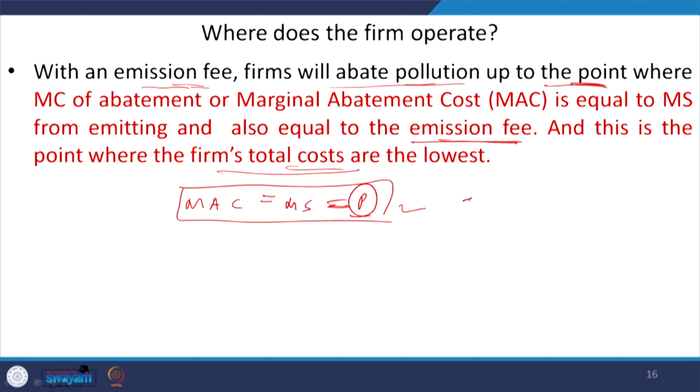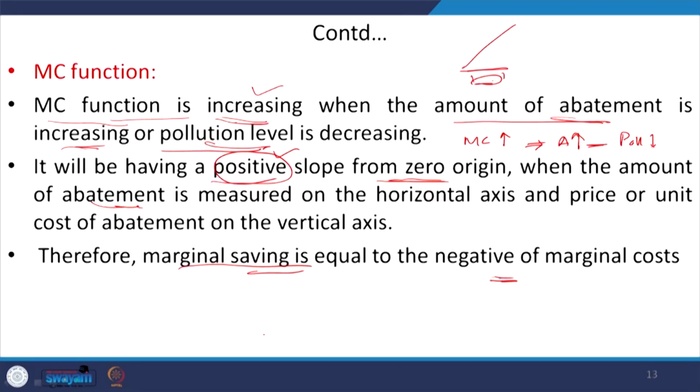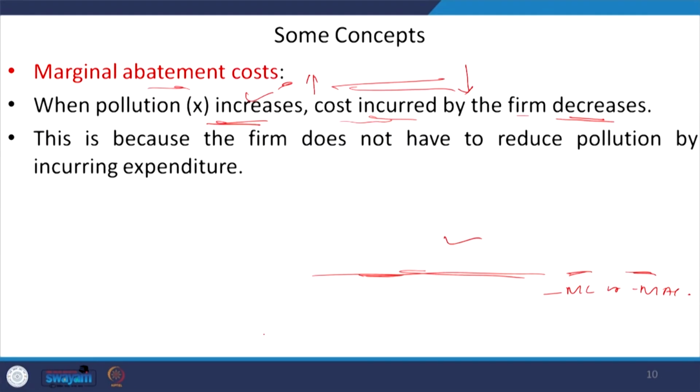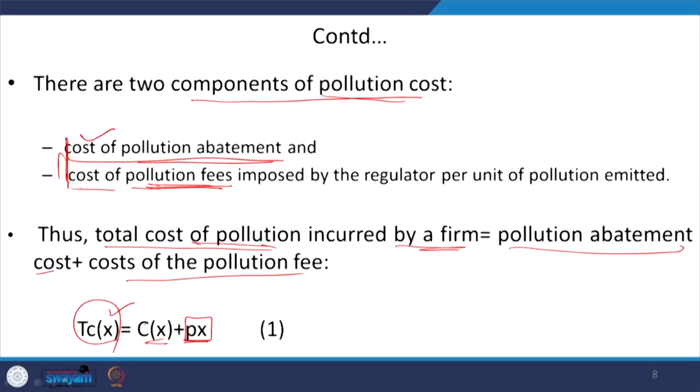So, the total cost of the firm will be the lowest. In our derivation, if you remember, we showed the components of the total cost function. This portion is the cost of abatement and this is the pollution tax bill, right.